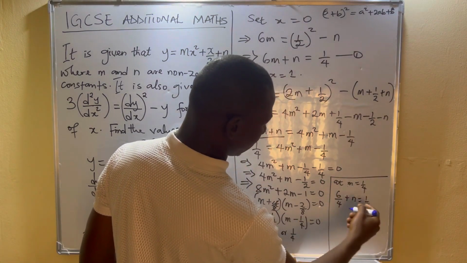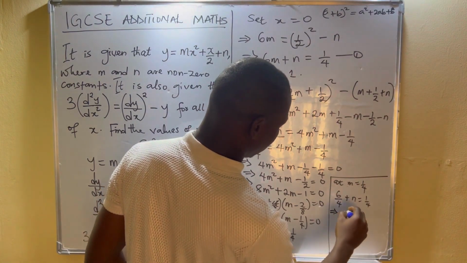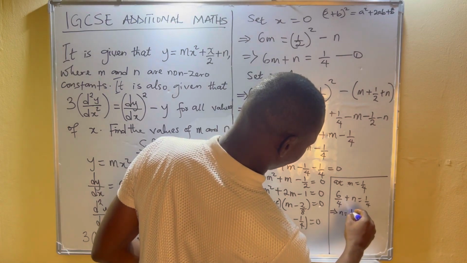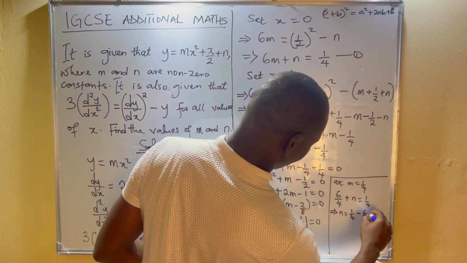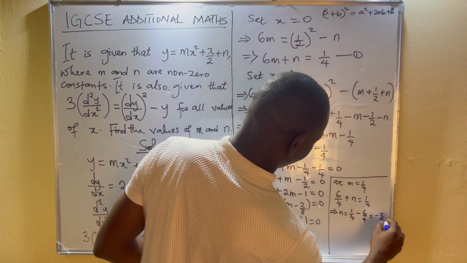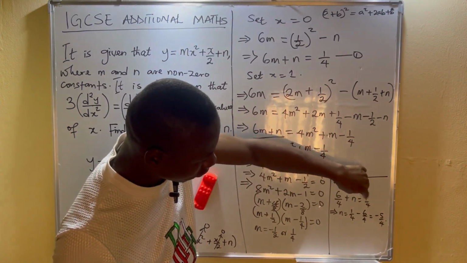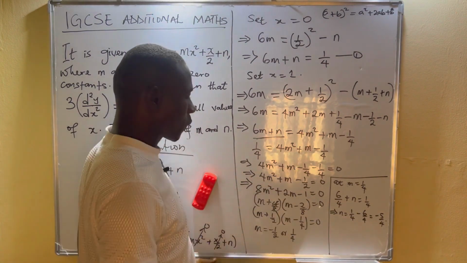So n, if I move this number here, will be equal to 1 over 4 minus 6 over 4, and that will give me minus 5 over 4. So when m is equal to 1 over 4, n is equal to minus 5 over 4.